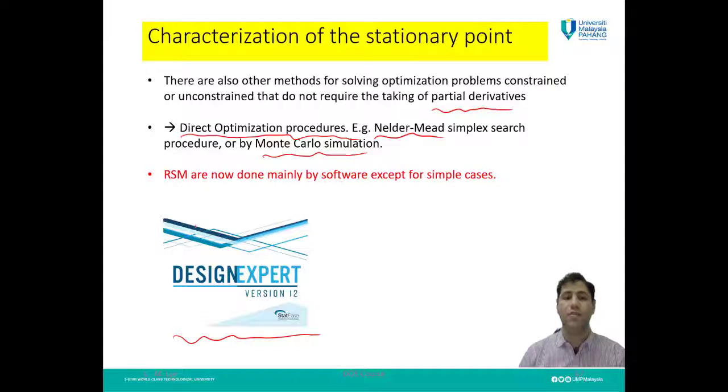But the most convenient way is using the software. I will continue this course by showing you how you can do an optimization process by both CCD and BBD methods, and find the optimum point for two different examples.